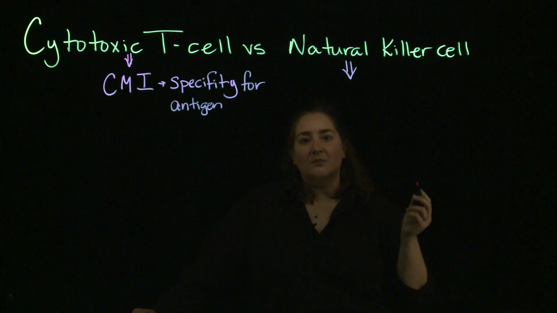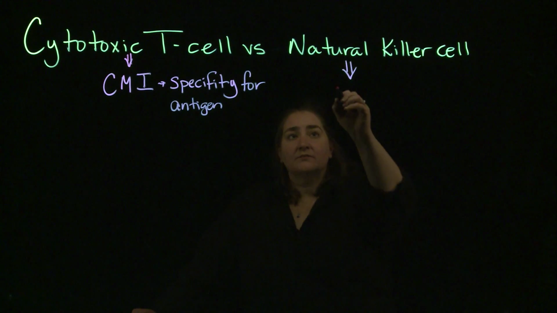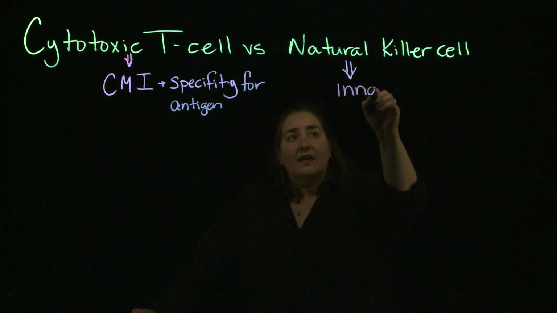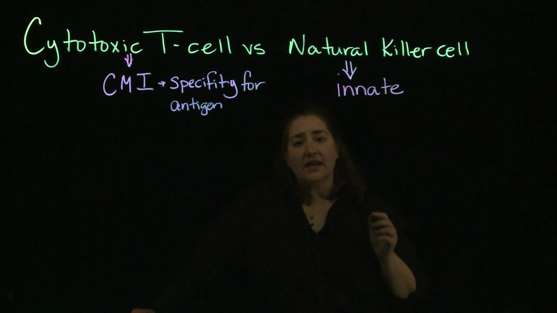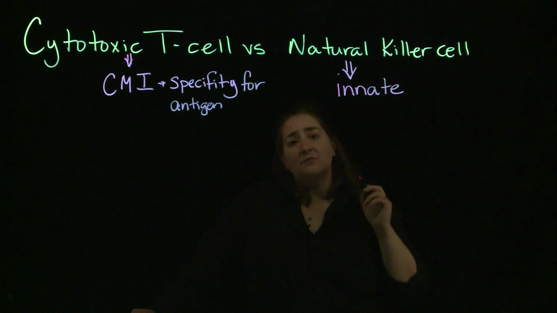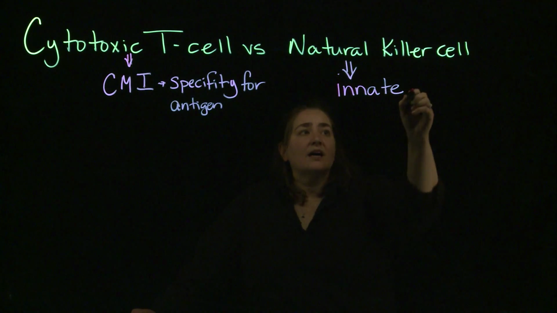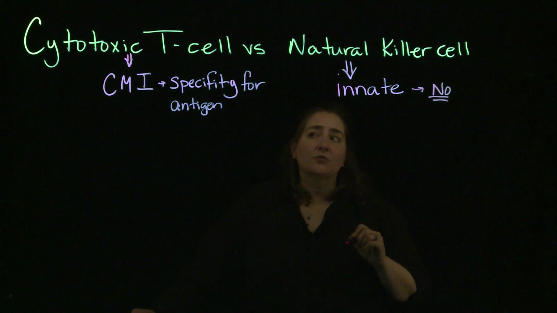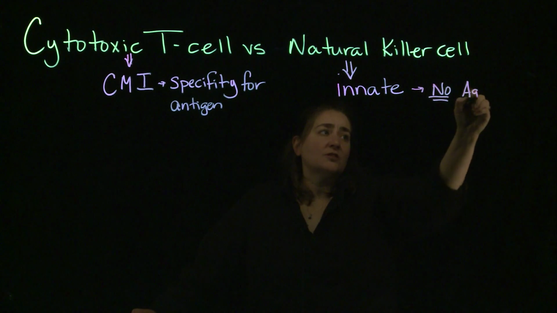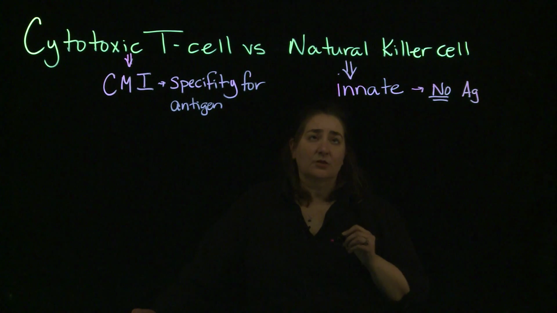So in terms of this, we're going to jump back a little bit. The natural killer cell is classified as part of the innate immune response because we no longer have antigen specificity that triggers this.